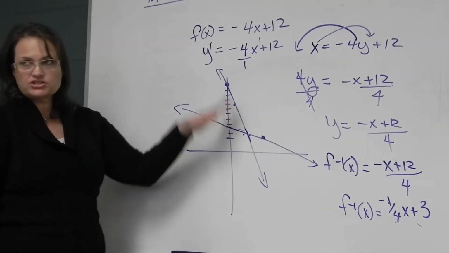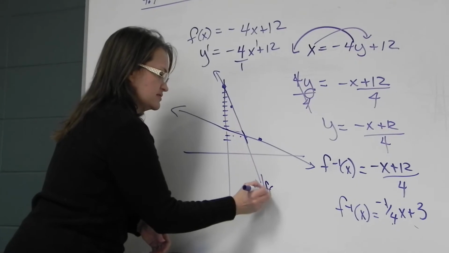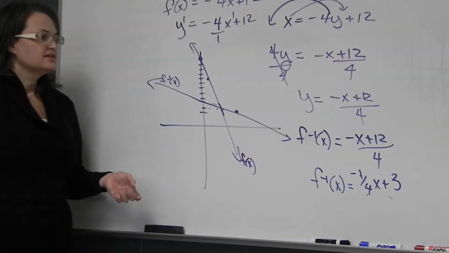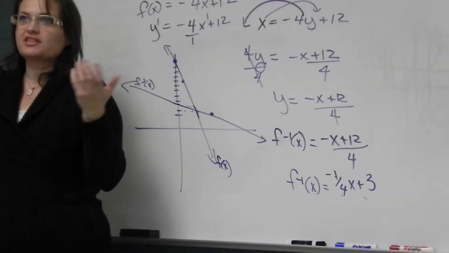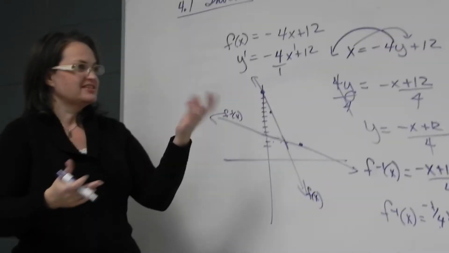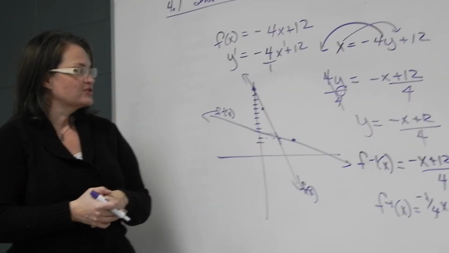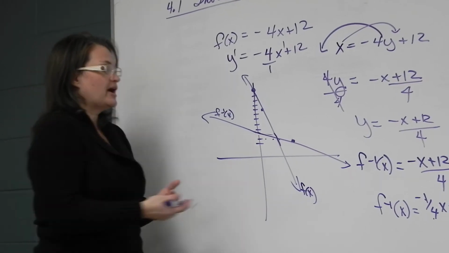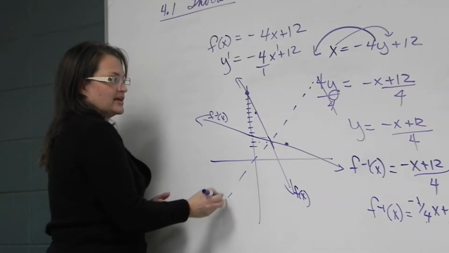So the original function, f of x, and then its inverse function, f inverse of x. And those are symmetric looking lines, which I know they're all just straight lines, so they're going to look similar, but this happens with all the graphs that have inverses. The graphs are symmetric looking figures, and they're reflected about the diagonal line y equals x.